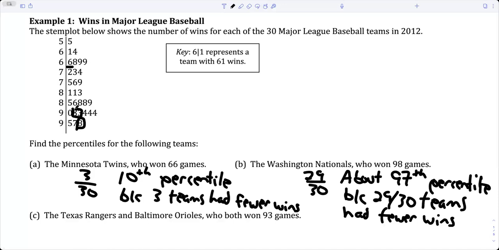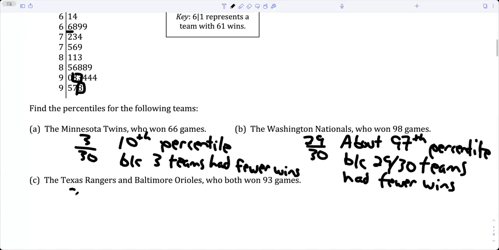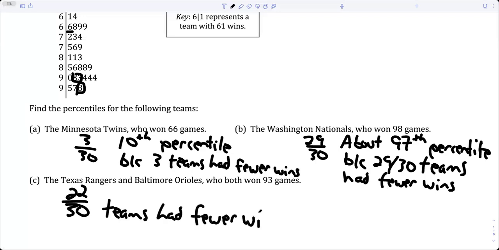So that's 8 total. So we are going to say that 22 out of 30 teams had fewer wins. And so what is that percentile? Put that into your calculator.